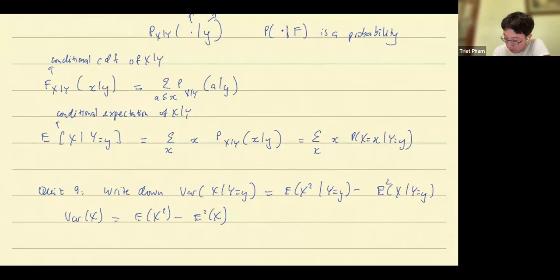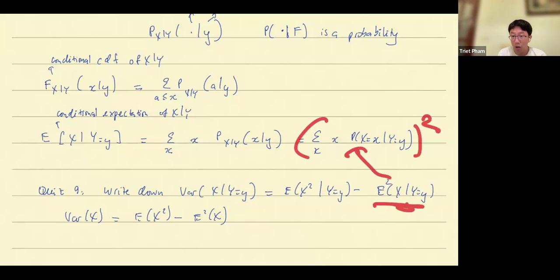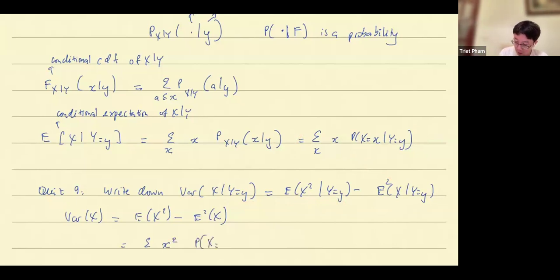And we know what this is: this term squared. The other term works in the same way, which is x squared, but now times the conditional probability, summing over all x.